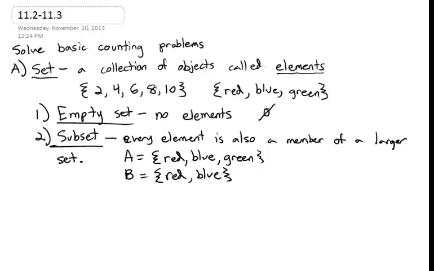You notice every element in B is also a member of the larger set A, so we could say B is a subset of A, and this notationally, it's a sideways U with a line under it. This notationally means subset. B is a subset of A because everything that's in B is also a member of the larger set A. That is a subset.